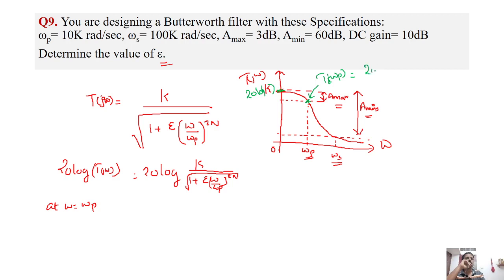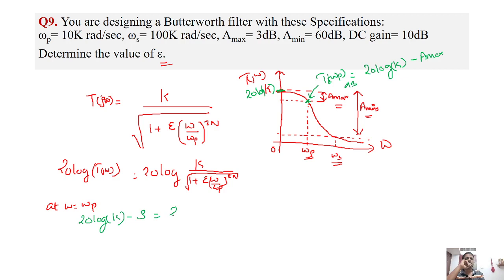So 20 log k minus this A max value is the gain in dB of the Butterworth filter. You can substitute at omega p: the gain will be 20 log k minus A max, and A max here is 3 dB.